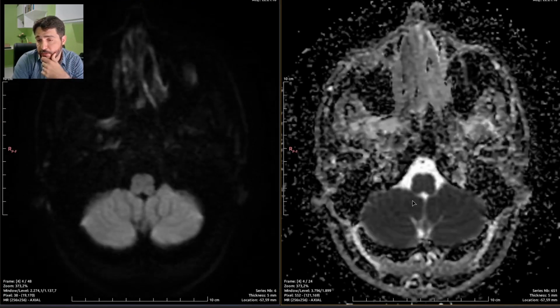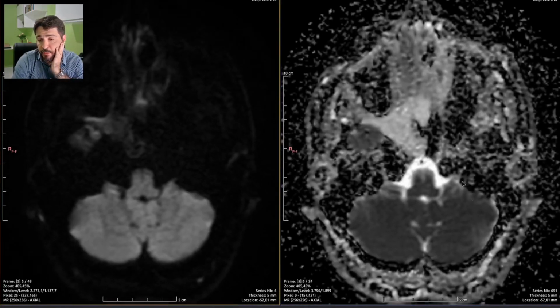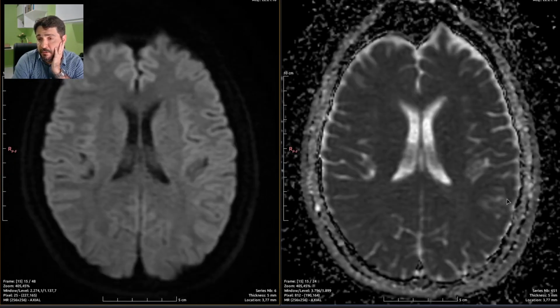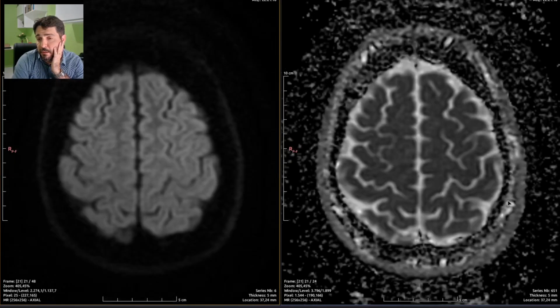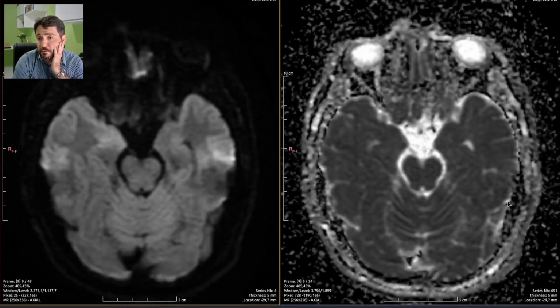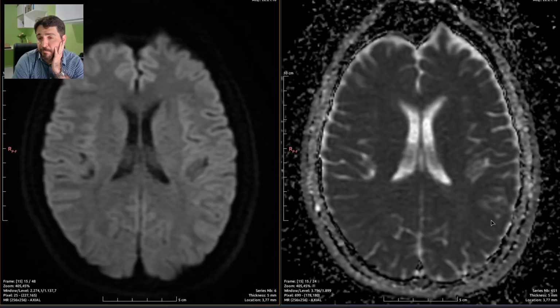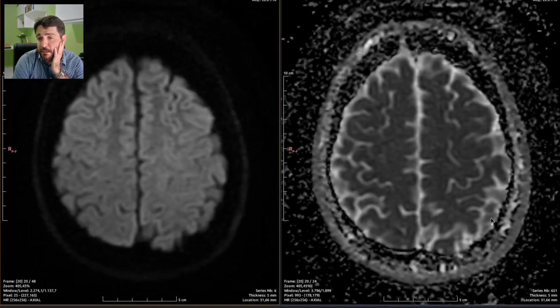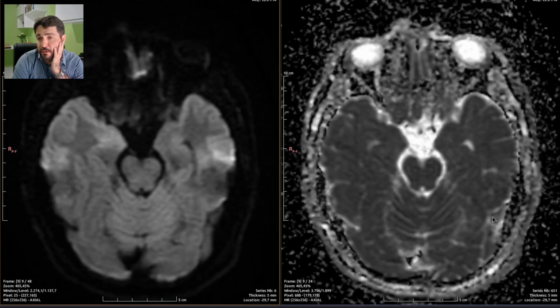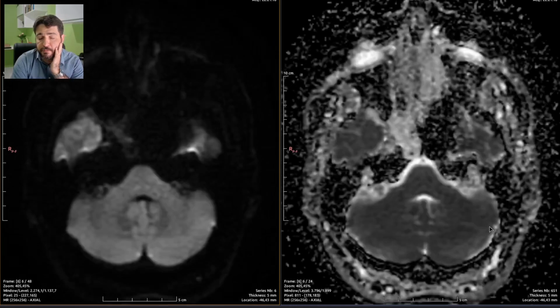So let's just compare to this particular ADC map to see if something shows. No, the ADC map is as gray as it gets. No black spots, no areas of concern.